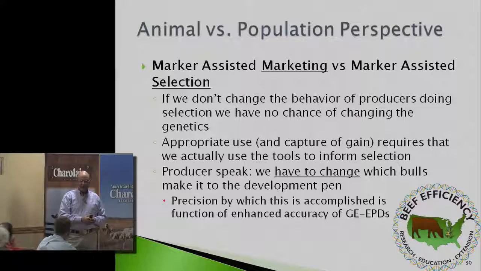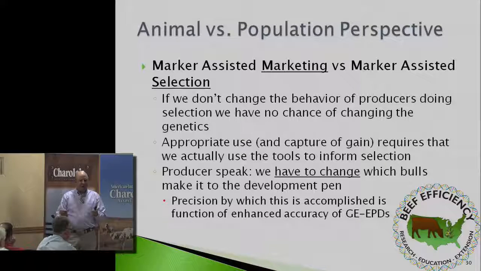Okay? The other way, if I use marker-assisted marketing, genotype the front 5 bulls, all the bulls that you go and sell are going out to make cows somewhere, and likely all of them are going to make commercial cows. We haven't done anything to change gene flow in the population. Okay? So there's a really important context to think about, as I know all of you have a business and you sell a product. I understand that.